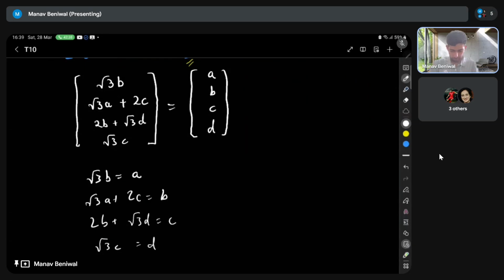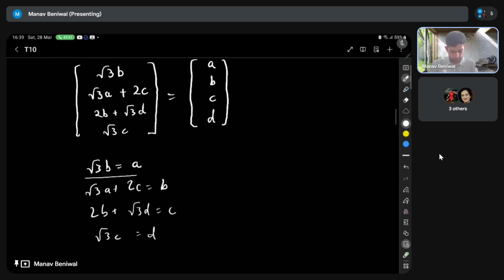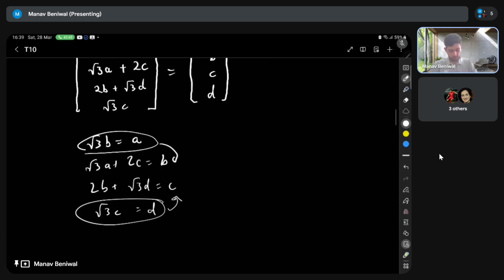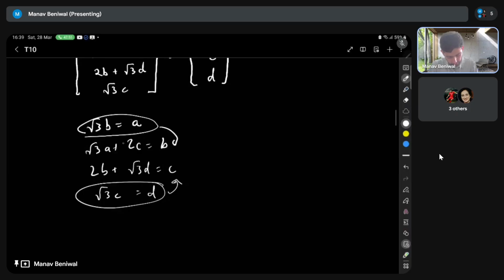Using these, I will substitute here and here. So if I put a as under root 3b, this becomes 3b plus 2c is equal to b, which implies 2c is equal to minus 2b, and we can cancel out these two, so c is equal to minus b.